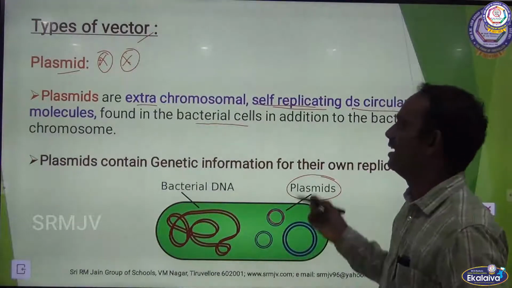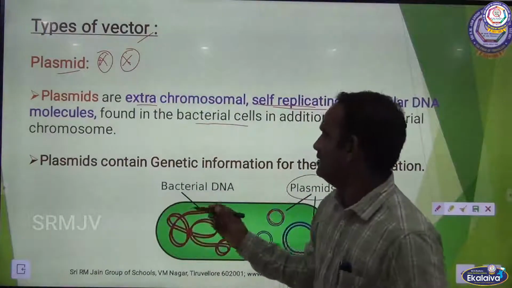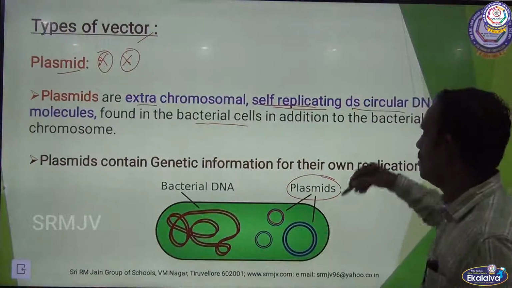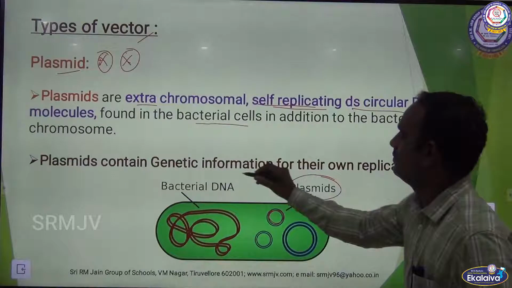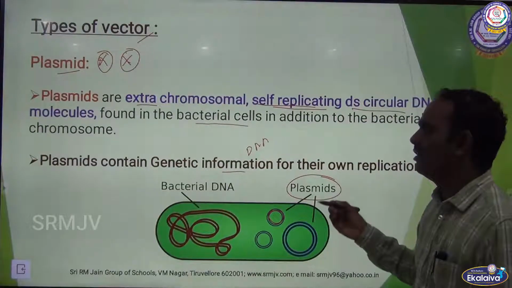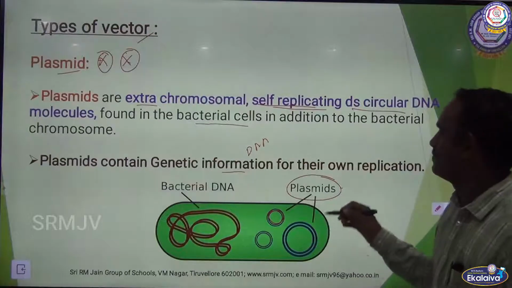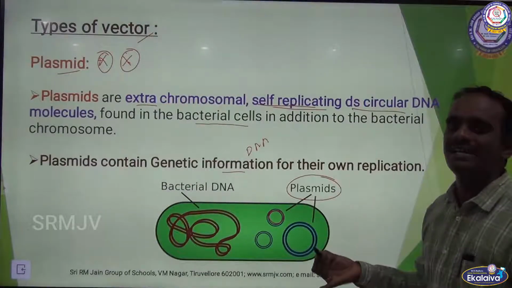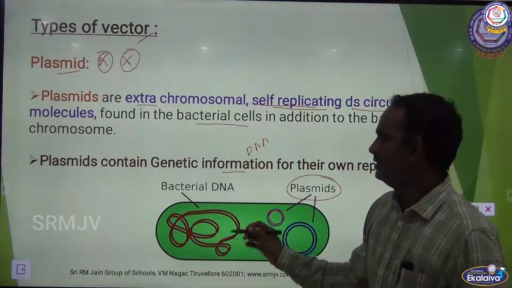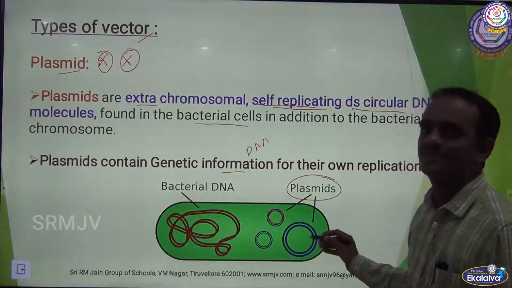Clear? And the plasmid contains all the genetic information for its own replication. Genetic information is nothing but DNA. See the picture of the bacterial cell. This is the bacterial DNA and this is a plasmid. Clear?